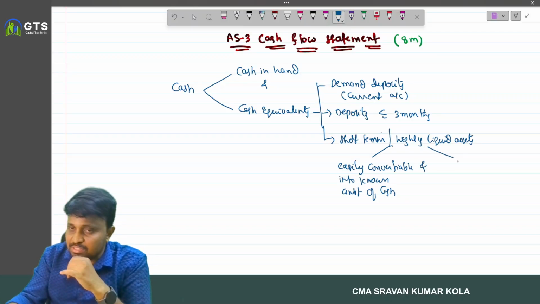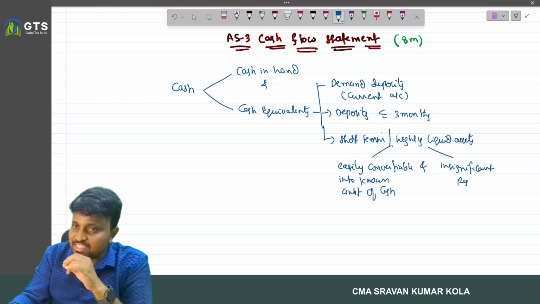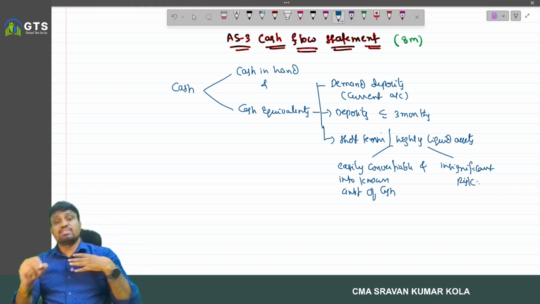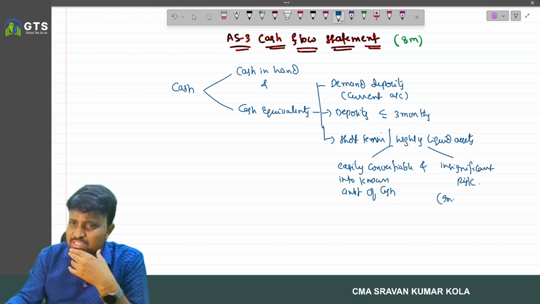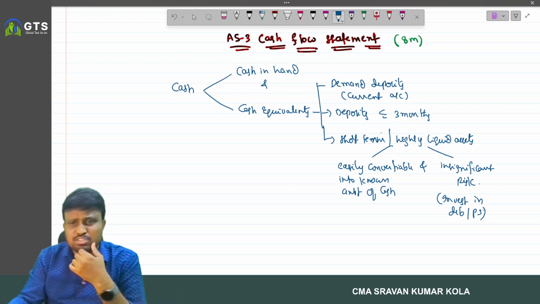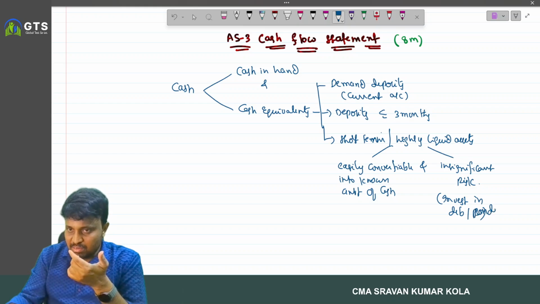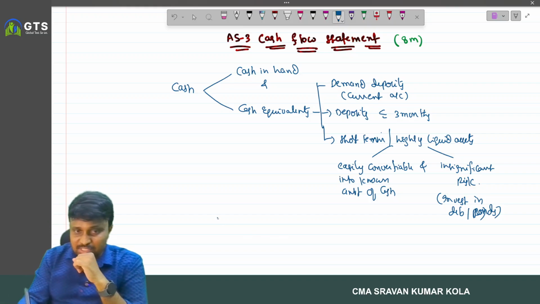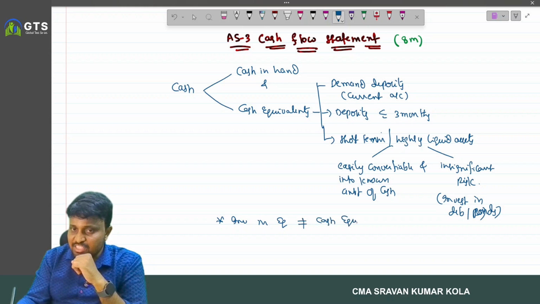And another one, carrying an insignificant risk of change in value. The best example is investment in debentures, bonds, preference shares, etc. But remember, investment in equity shares is not a cash equivalent item.